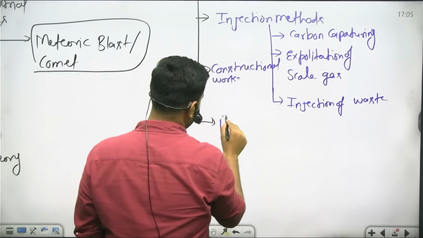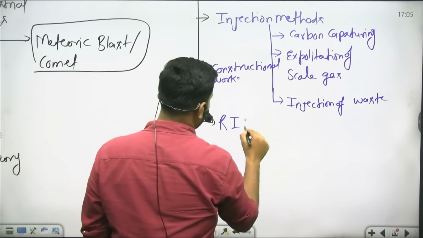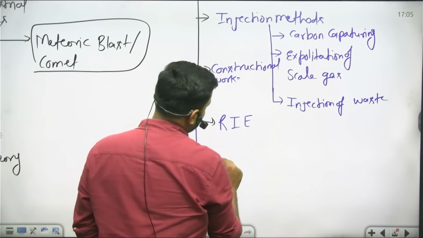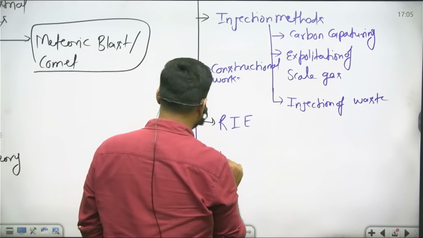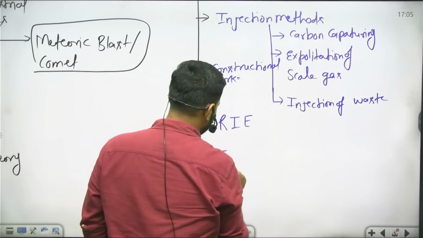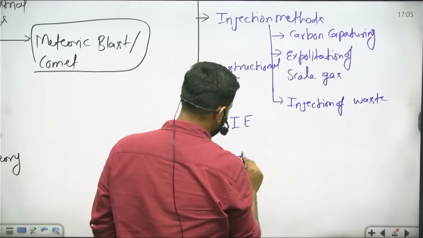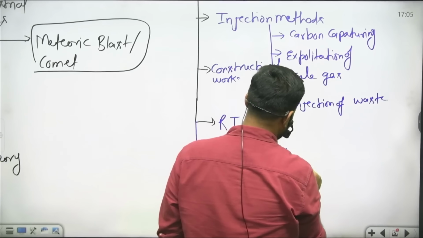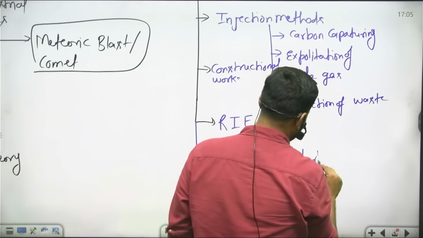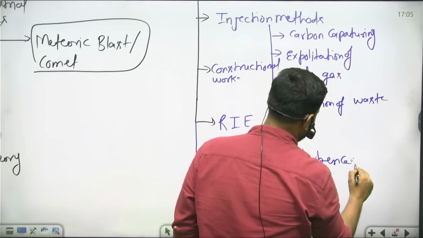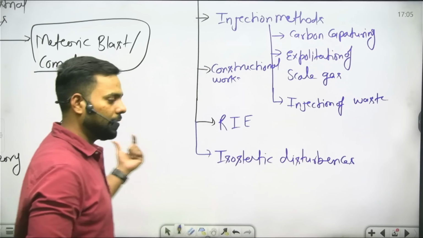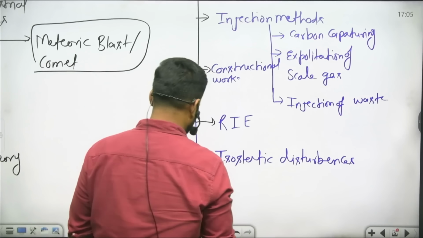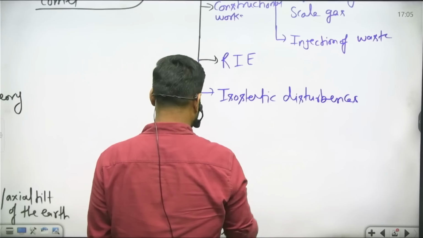Fourth one is the reservoir induced earthquake, and fourth one is the isostatic disturbances. You can relocate them into the natural causes as well, but isostatic disturbances.